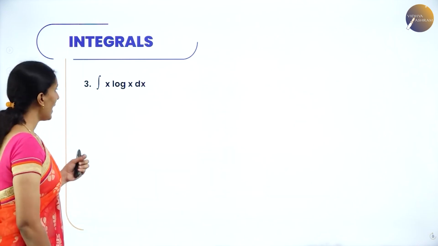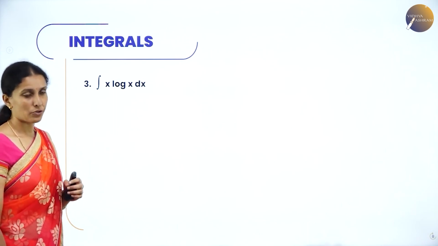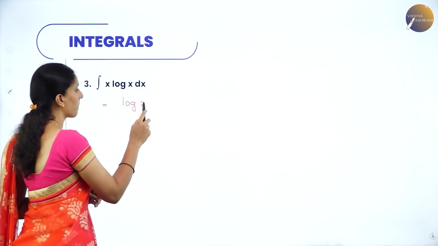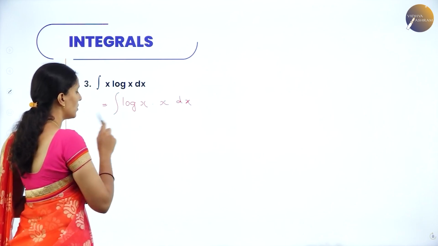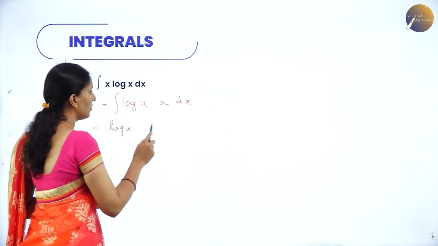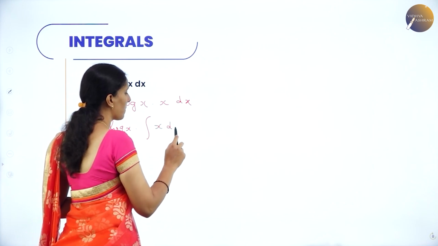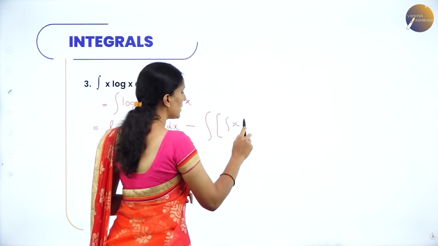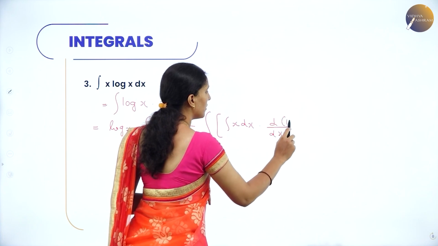Next one, we have x log x. So what has to be chosen first? Log has to be chosen first. So therefore we take it as log x here into x with respect to dx. So what does it say? First function into integral of second, that is x dx, minus integral of second into derivative of first.